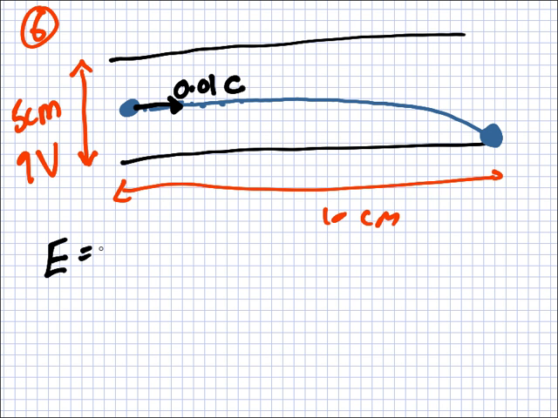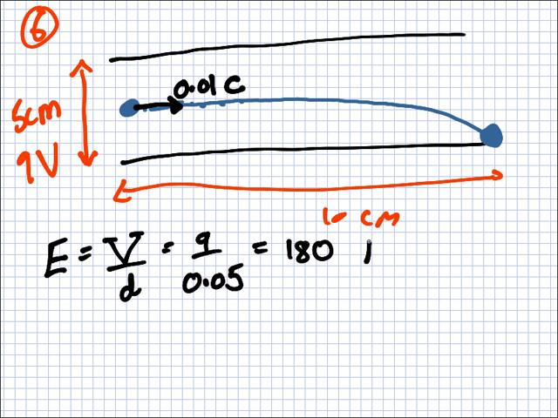It's voltage over distance. So this one here will be 9 over 0.05. Is that 180? Yeah? Okay, and the unit is volts per meter, well, what was the other one? Newtons per coulomb, yeah. Okay.